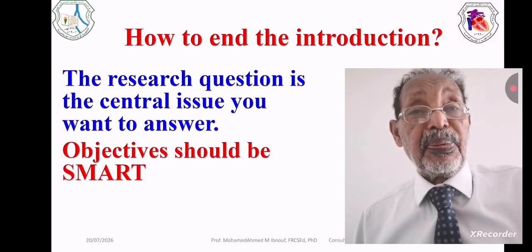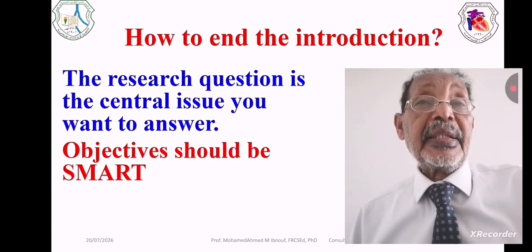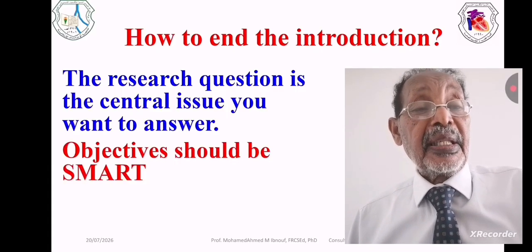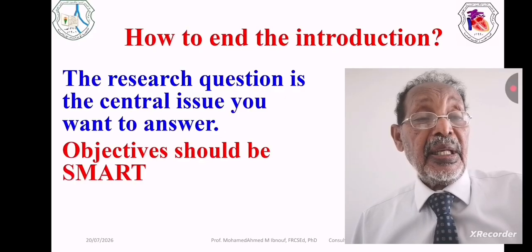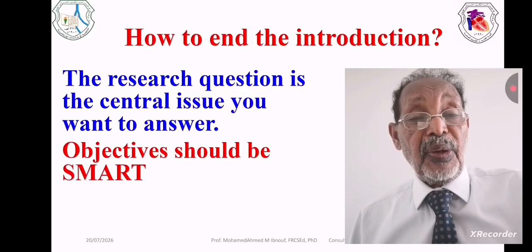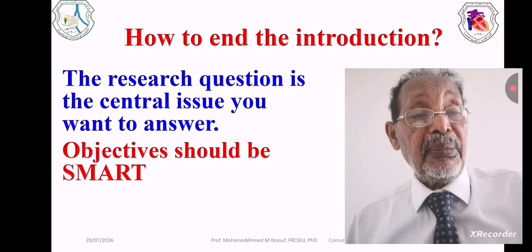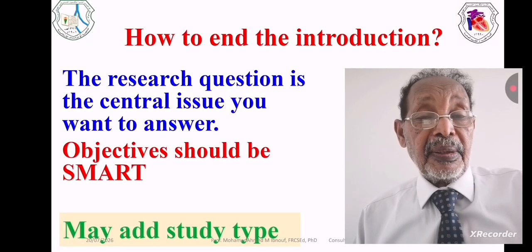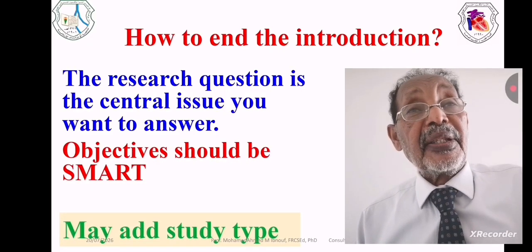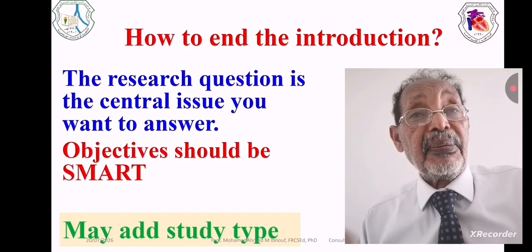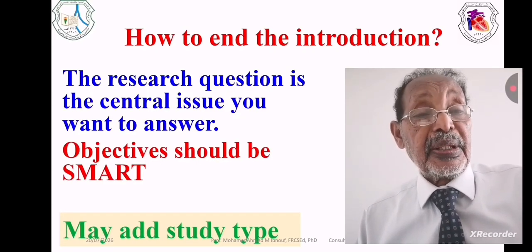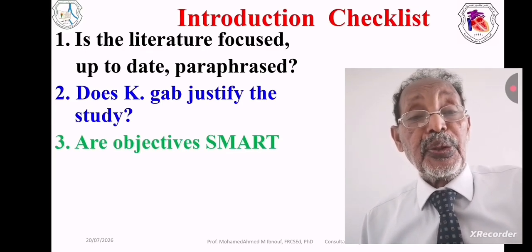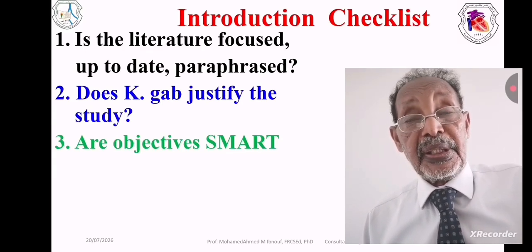As I said, should be specific, measurable, attainable, achievable, reliable, relevant, can be reproduced if the study is repeated in the same environment, and they have a time limit to be executed. And at the extreme end, you can just write the type of the study is retrospective or prospective or whatever type of study you have chosen.